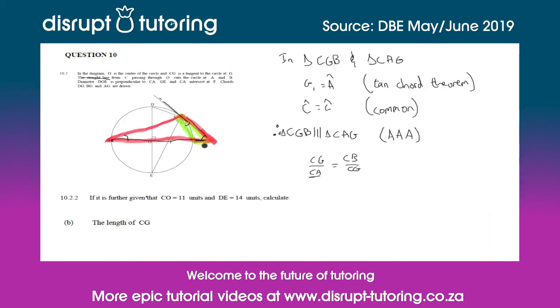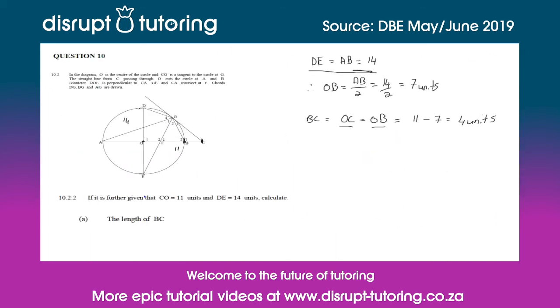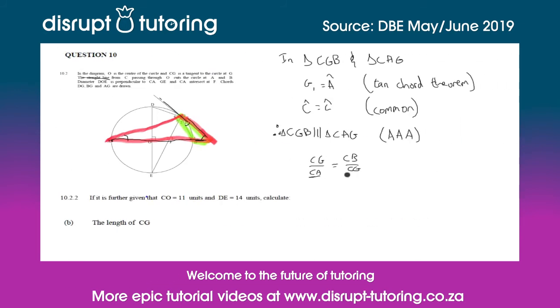And you can see that BC we calculated to be 4 units. So the line CA should be 14 plus 4. So I'll just put this here. CA will equal 18. And of course, CB from the previous question we calculated to be 4.